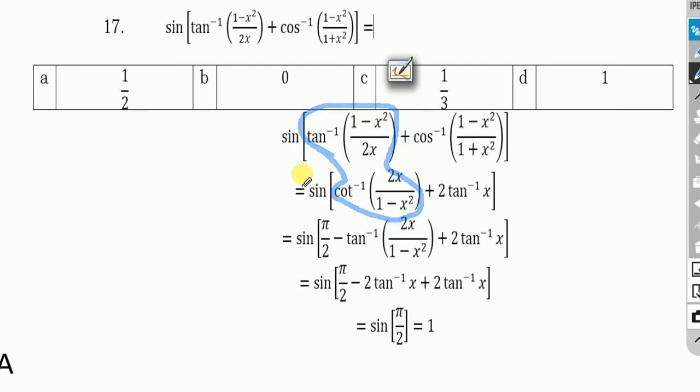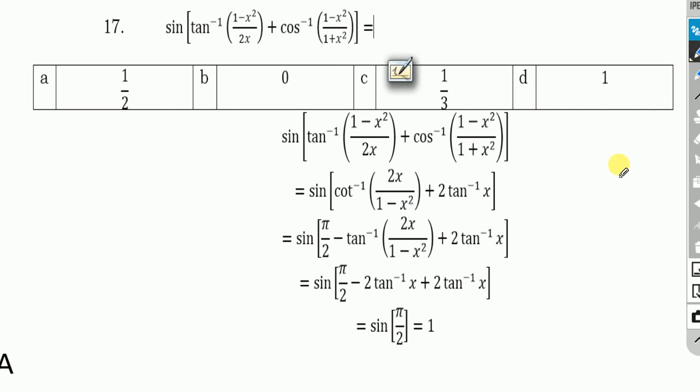So that is sin of cot inverse of 2x by 1 minus x square, and we know that cos inverse of 1 minus x square by 1 plus x square is nothing but 2 tan inverse of x. Now cot inverse of x is pi by 2 minus tan inverse of x.